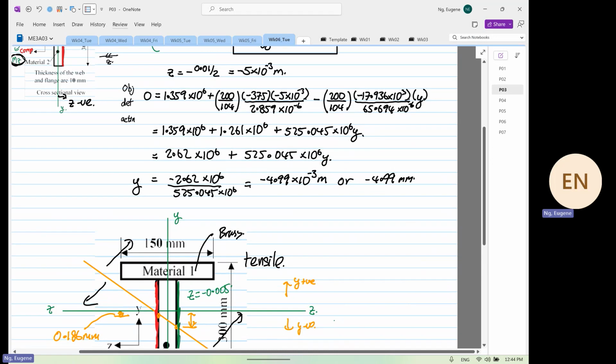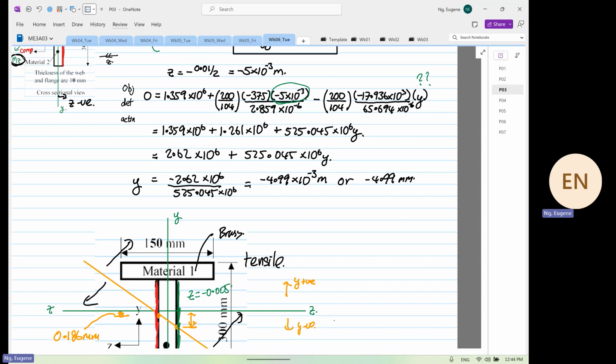So that's why over here we put minus 0.005. We don't know where Y is. We don't know where it intercepts where the normal stress is equal to 0. Is the explanation better or I just went louder? Good.